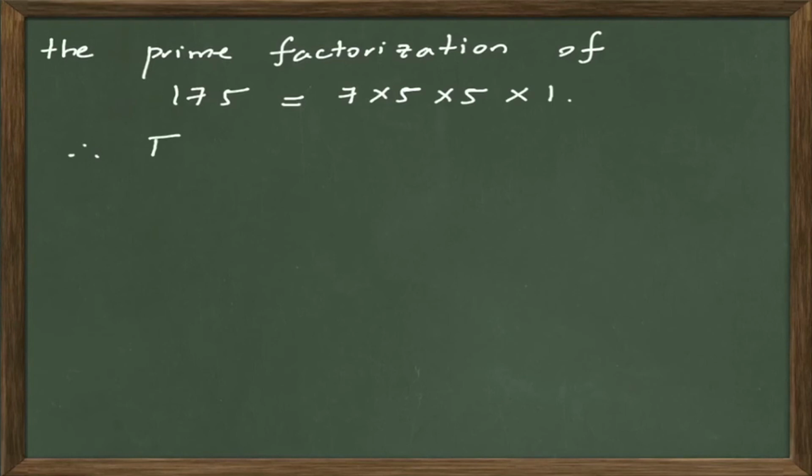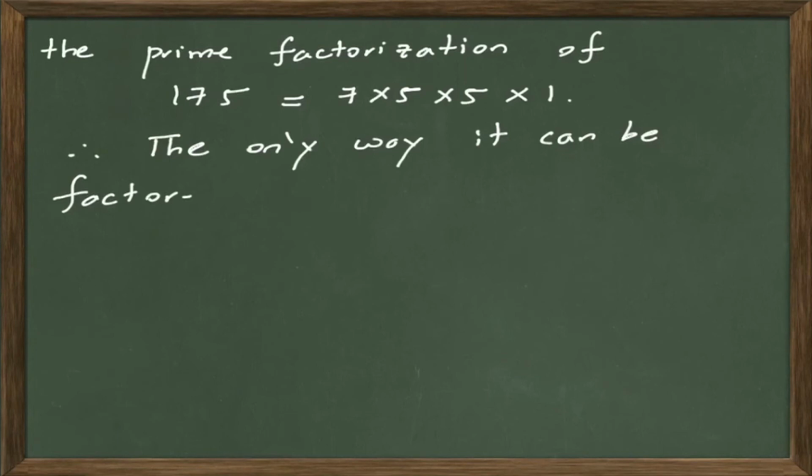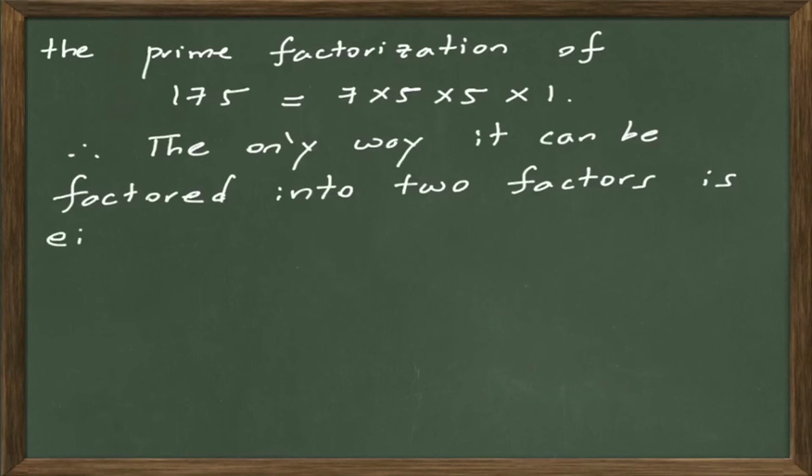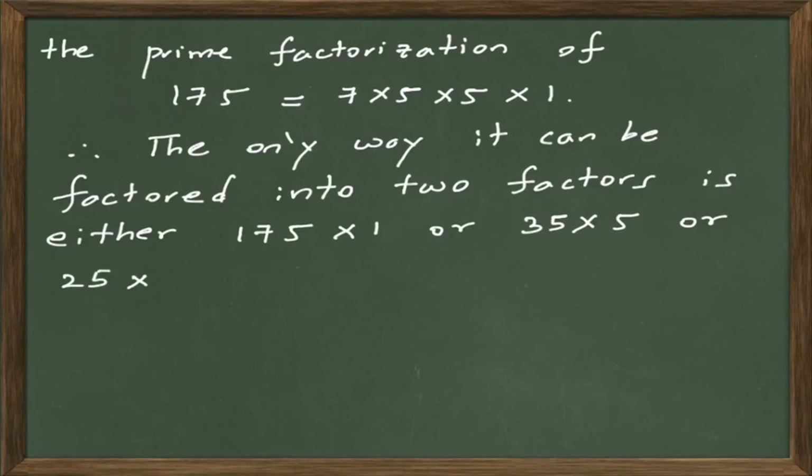Therefore, the only way it can be factored into two factors is either 175 into 1 or 35 into 5 or 25 into 7.